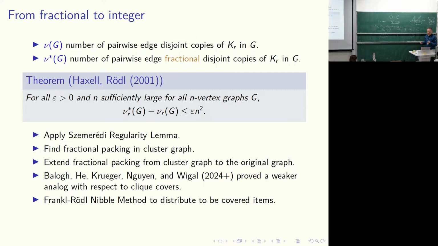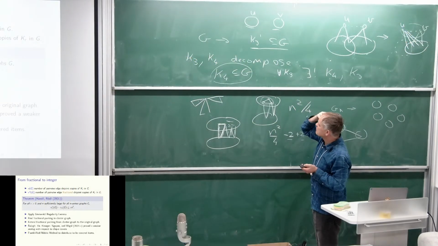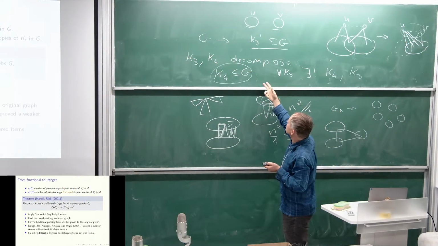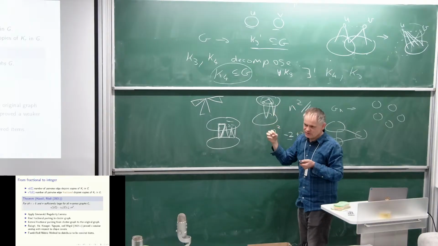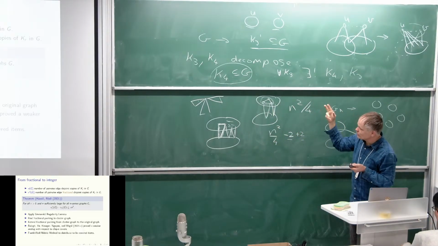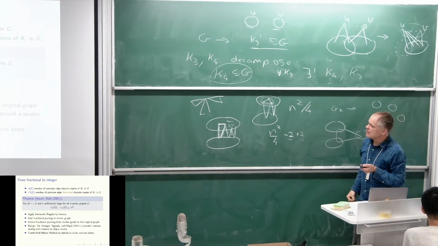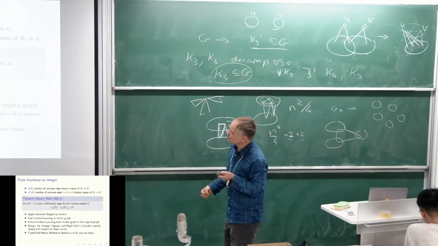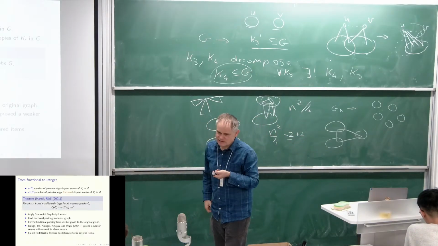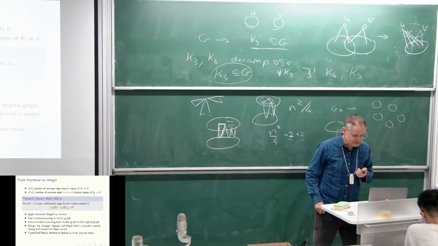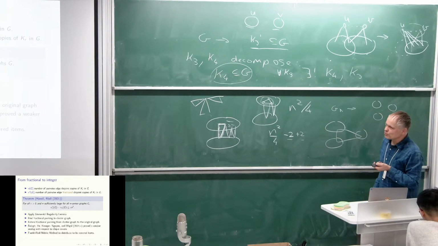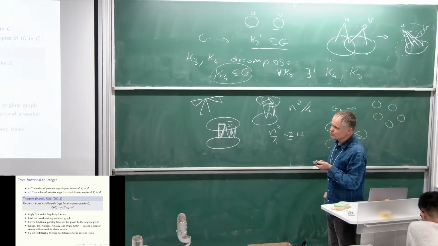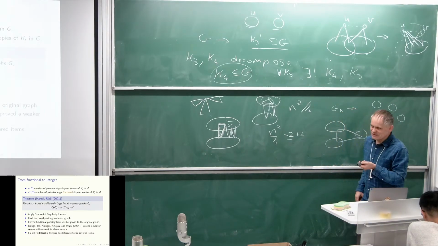The comments on this page are related to this problem. When instead of covering, let's say, or decomposing the edge set, we want to do the triangle set, then such a theorem as Haxell and Rödl's didn't exist, so we had to prove it, and we couldn't prove everything.